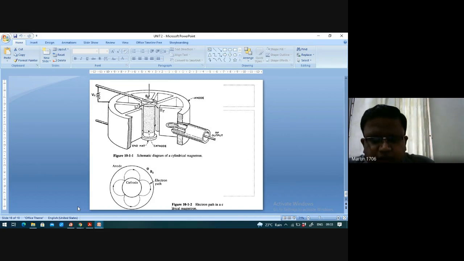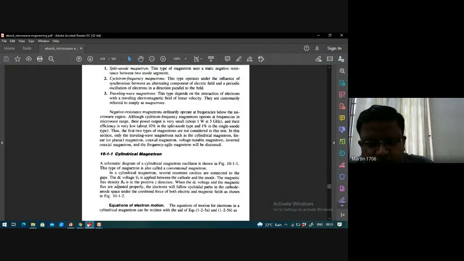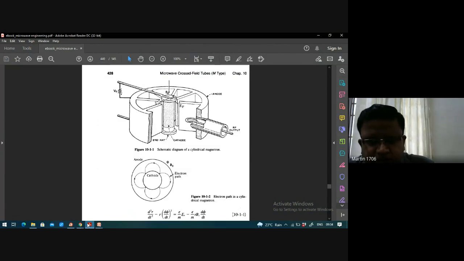At the end you can find the end hat, which will be properly grounded so that there is no damage to your device. Once the potential is applied, the electron will start to move, and then a force is experienced inside the wall. You can see the diagram.